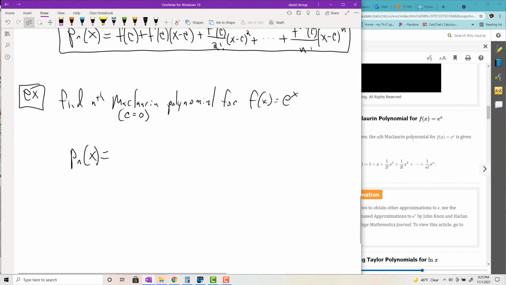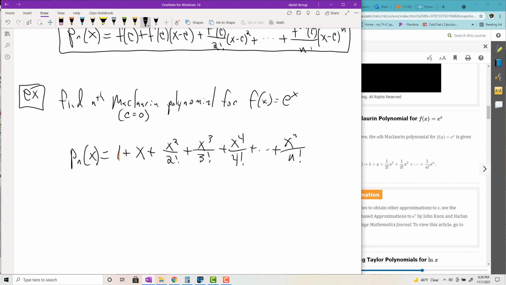Okay, so you're just going to get 1 plus x plus x squared all over 2 factorial plus x cubed all over 3 factorial plus x to the 4th all over 4 factorial plus dot dot dot plus x to the n all over n factorial.